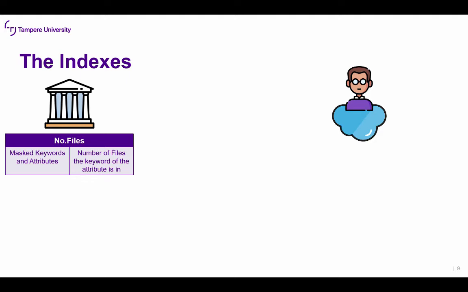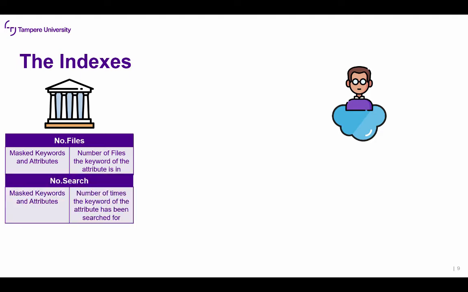Apart from that, it maintains a number of search index that contains a mapping again between masked keywords and attributes, along with the number of times the keyword of the specific attribute has been searched for.